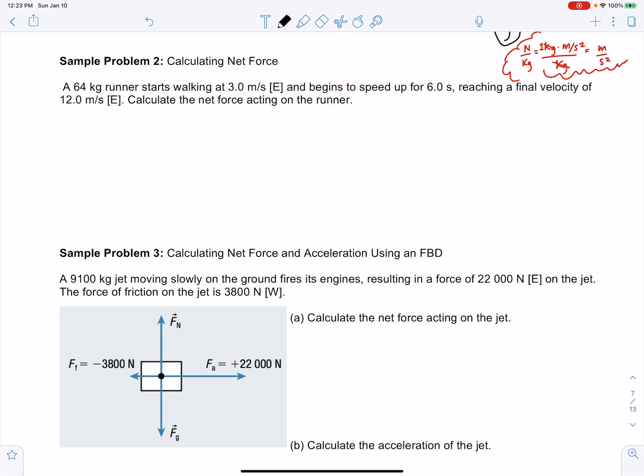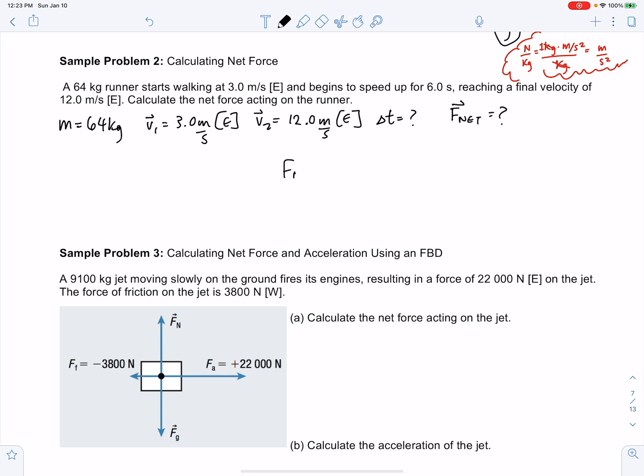So we're given mass, initial velocity, final velocity, and elapsed time, and we want to find net force.